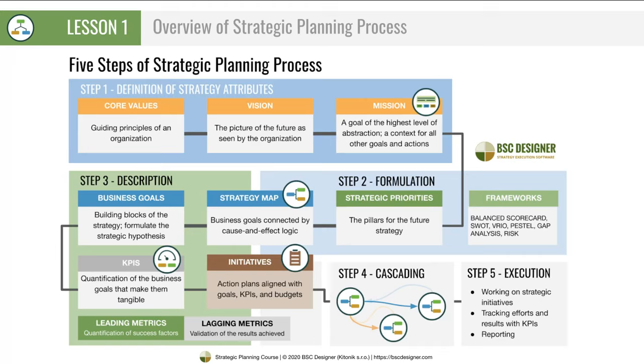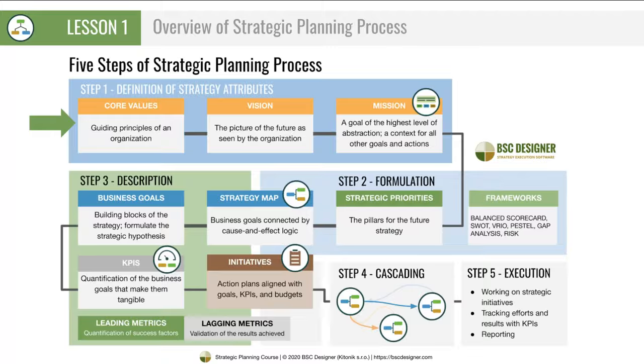With each step, we're progressing in strategic planning by adding building blocks of strategy and defining strategy with even more detail. We have separate video lessons where we talk about each of the steps. In this video, we'll do a brief overview of the 5 steps of strategic planning.